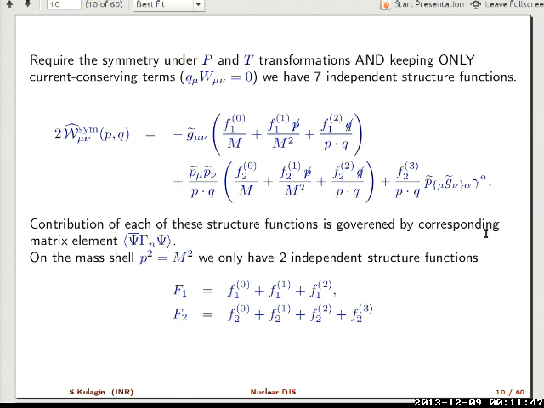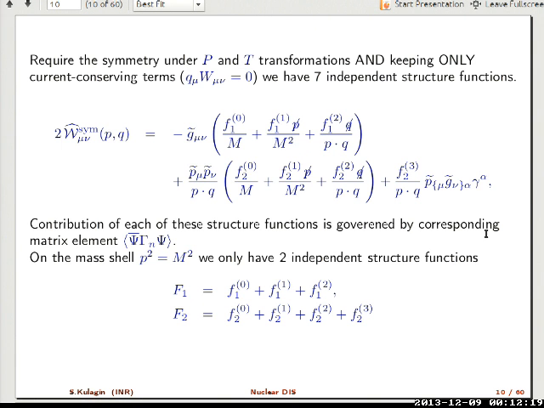So we could get 7 instead of 2, and this is because we relax the requirements due to the Dirac equation. It's quite restrictive: if we apply that on the mass shell, it will separate only 2 independent structures out of 7.